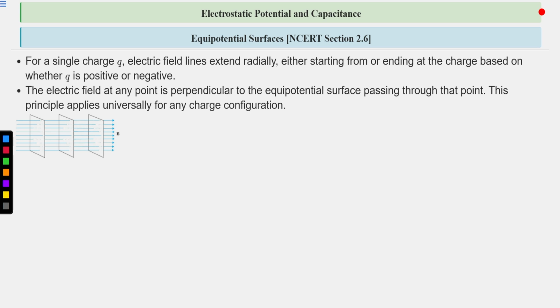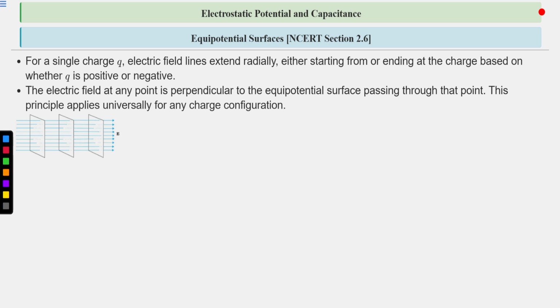Now, what are the equipotential surfaces for this field? The equipotential surfaces will be these perpendicular sheets. On this perpendicular sheet, from this point to this point, the potential will be the same.